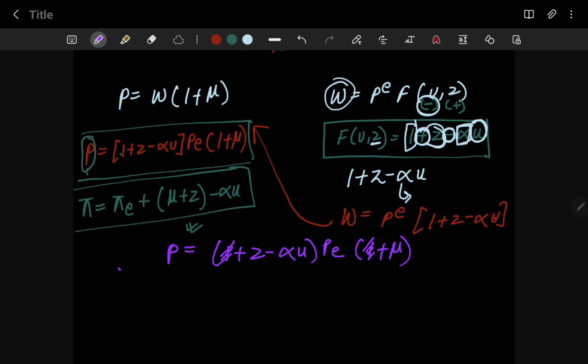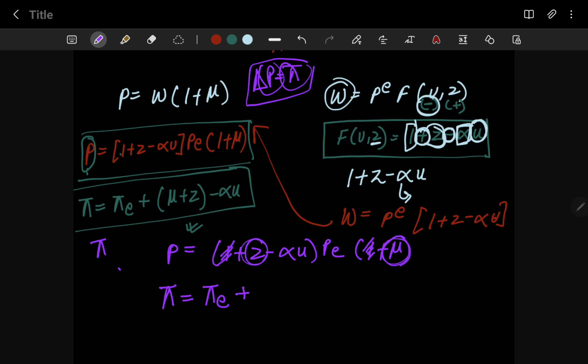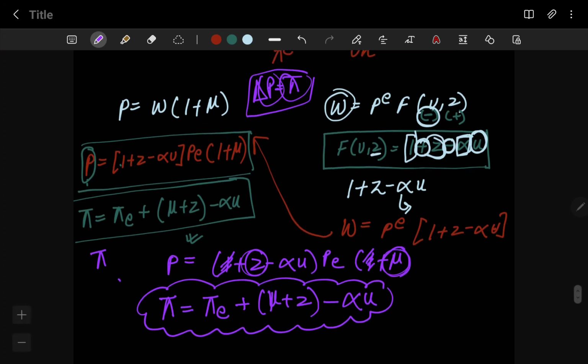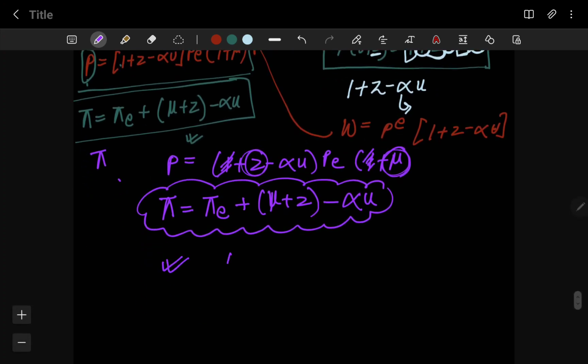All you have to do is substitute P with inflation, because change in price is equal to inflation. So pi is equal to pi E, plus mu and Z, minus alpha U. This is a very important formula that you are supposed to remember, because further we'll only be using this formula in order to derive formulas of Phillips curve.